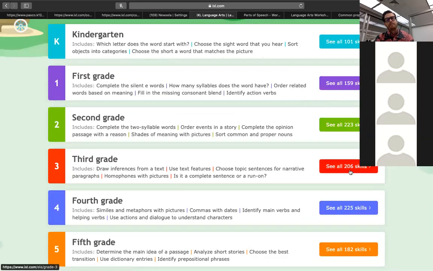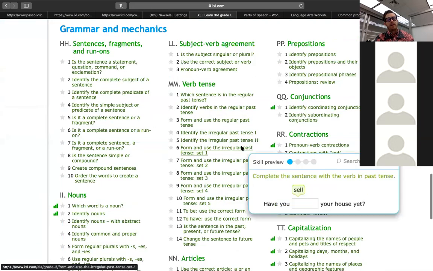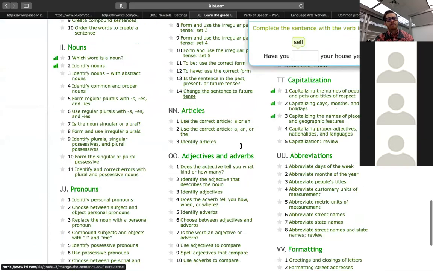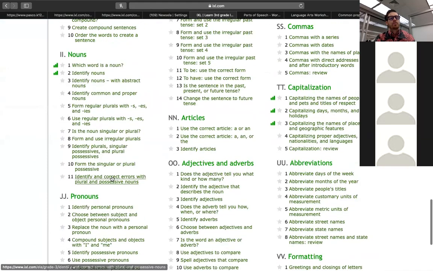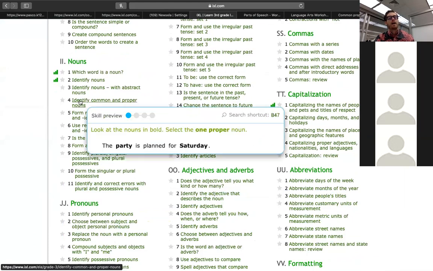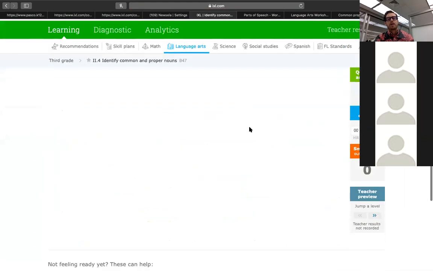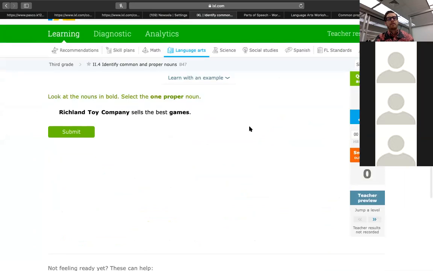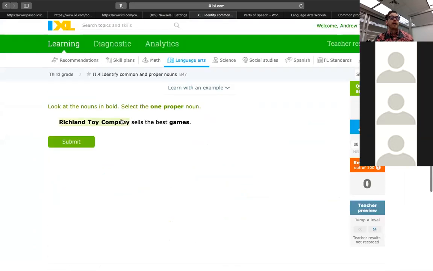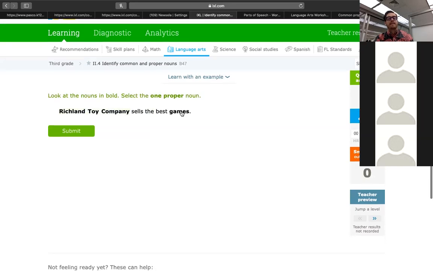So we're going to do proper and common nouns here. I'm going to go to grammar mechanics, 3rd grade. Started out a little easier. We're identifying proper and common nouns. Pretty easy, simple thing, right? We are going to look at nouns in bold: Richard Toy Company sells the greatest games.